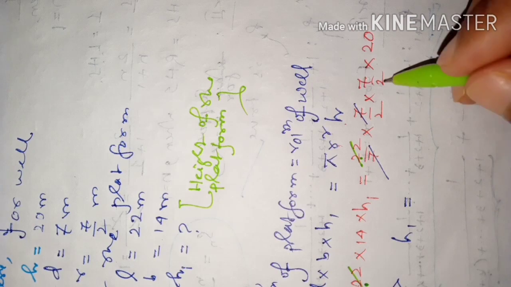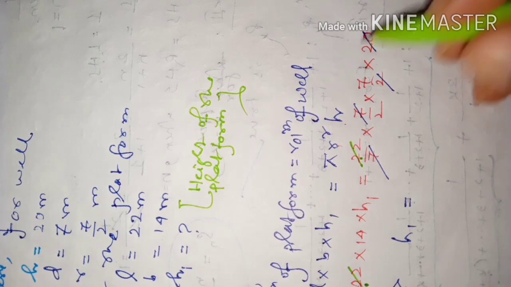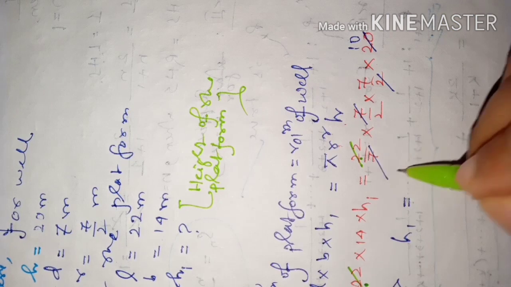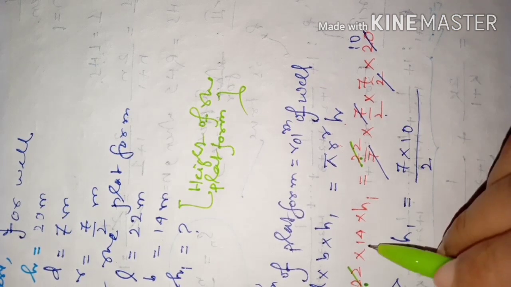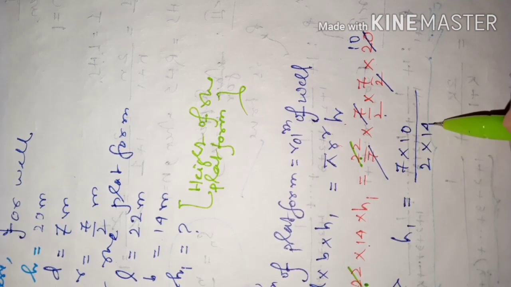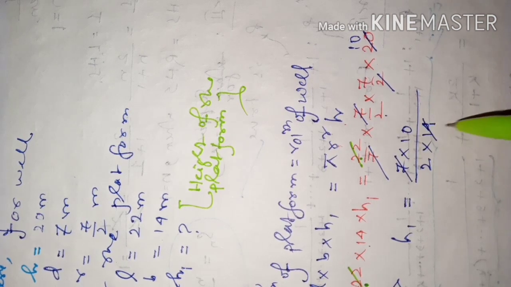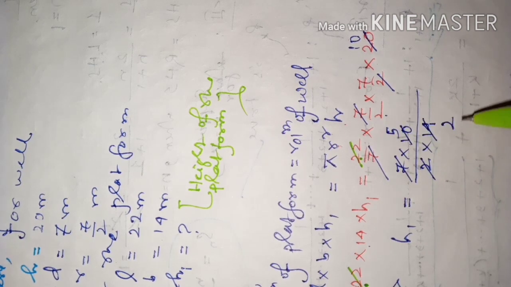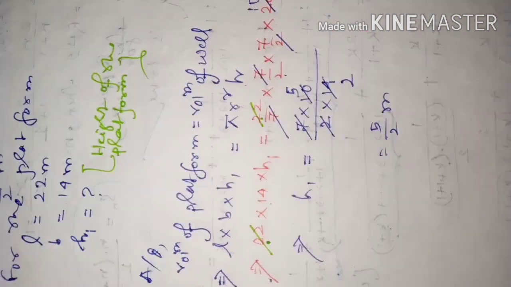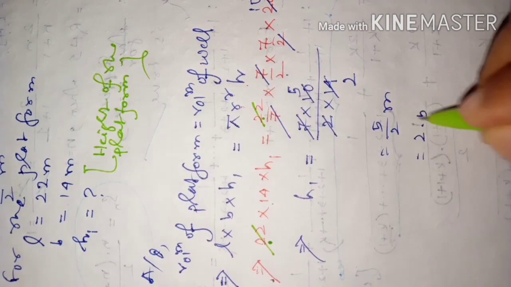This 2 also you can cancel with this 20, that is 10 times. So we have 7 multiplied by 10 divided by 2, and this 14 comes here. By 7 you can cancel, by this 2 you can cancel, 5 times, so 5 by 2 meter, or 5 by 2 meter can also be written as 2.5 meter.